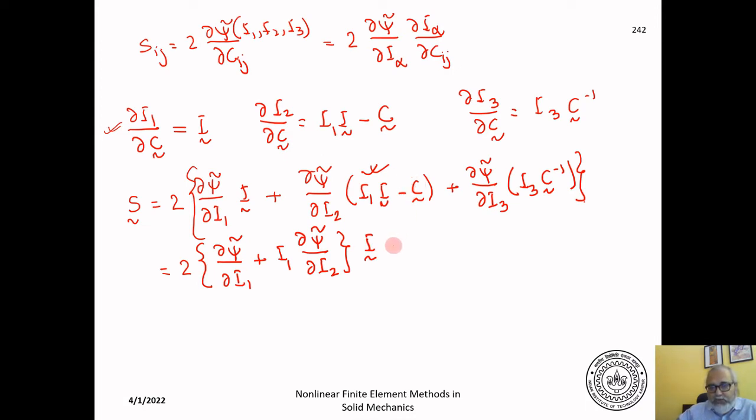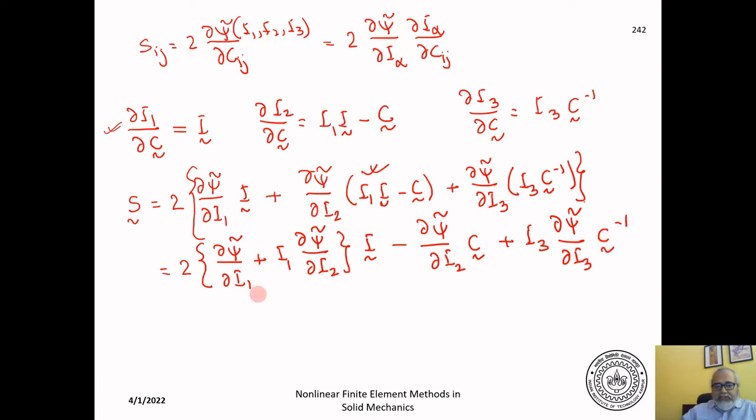There's only one C term, so there's minus del psi hat del I2 C, and there's a C inverse term which is plus I3 del psi hat del I3. So there's a 2 here as well and a 2 here as well. So this now becomes your C0, this is C1, and this is C2.